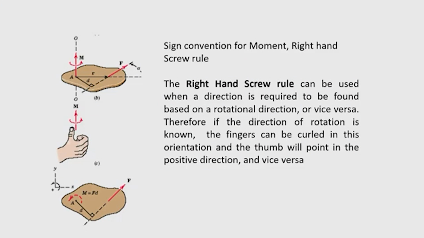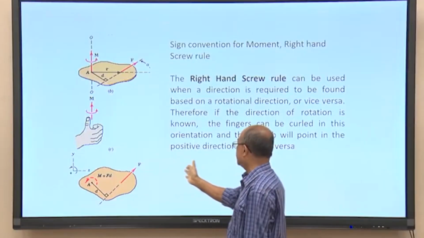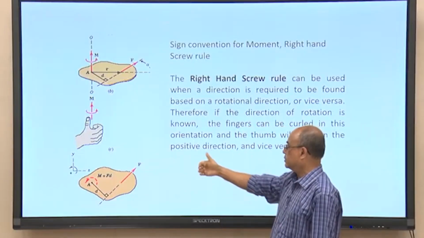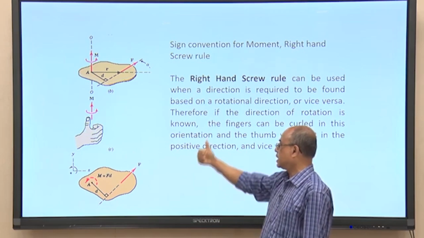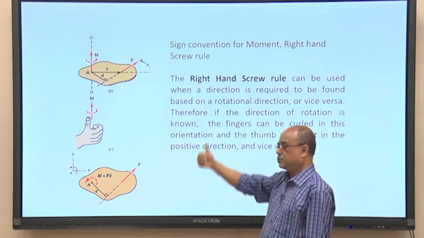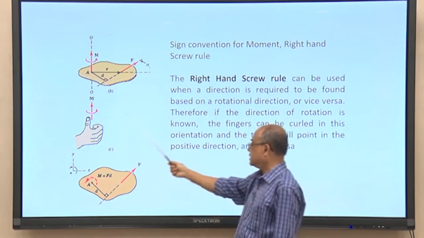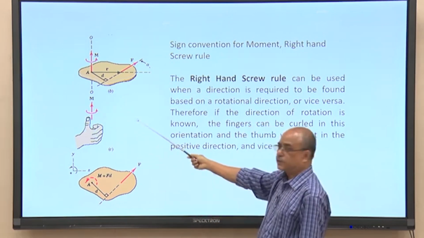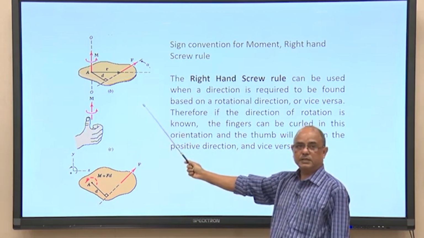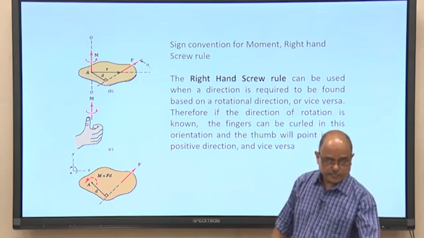Suppose our thumb shows the direction of the moment vector. If I curl the fingers along the direction of rotation, then the thumb will point towards the vector. So, the moment vector is along the thumb, and this is why the moment vector is written with a double arrow.